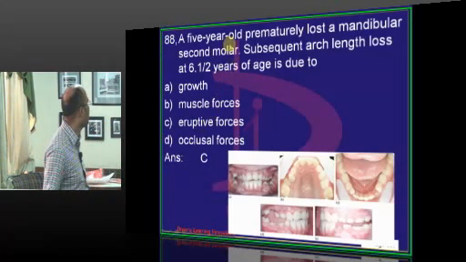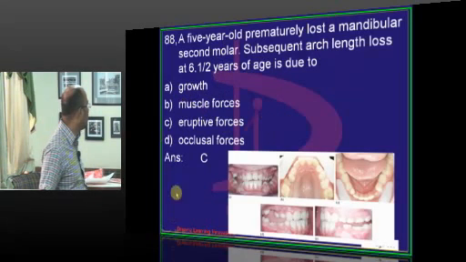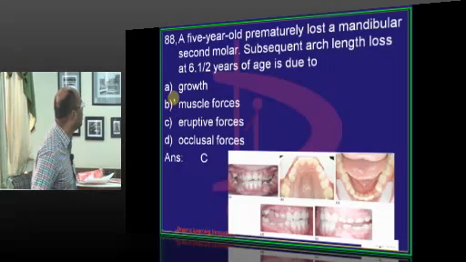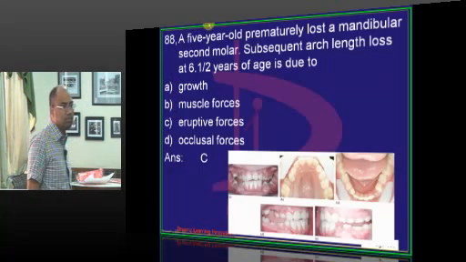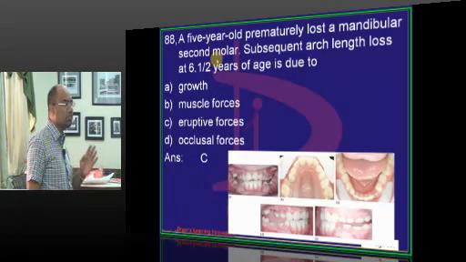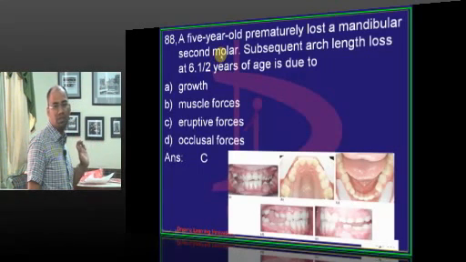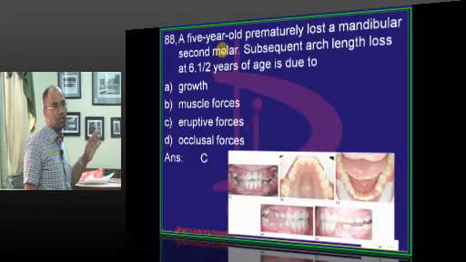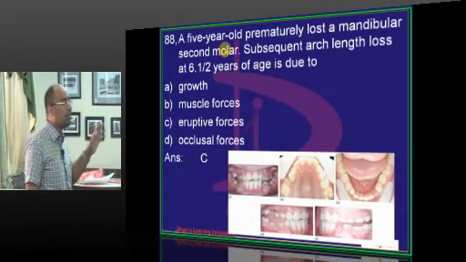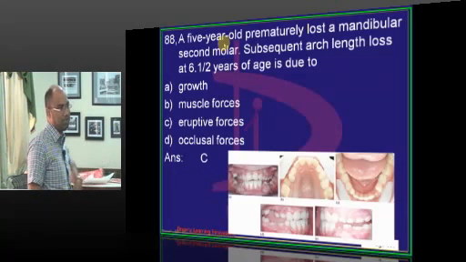So there will be loss of arch length. It is because of your eruptive forces. What is contributing to the loss of arch length here? Eruptive forces, isn't it? The first permanent molar is erupting in the place where the second premolar has to erupt, and at the cost of leeway space it is erupting.